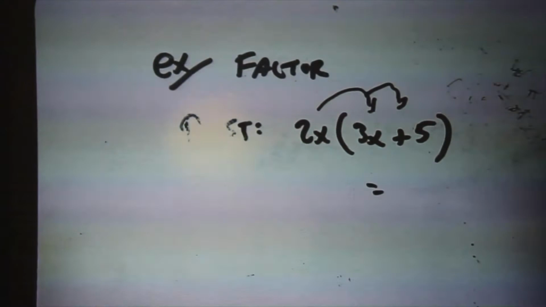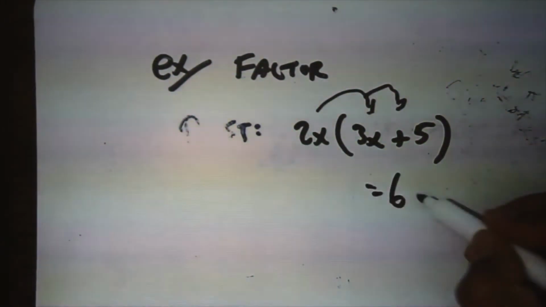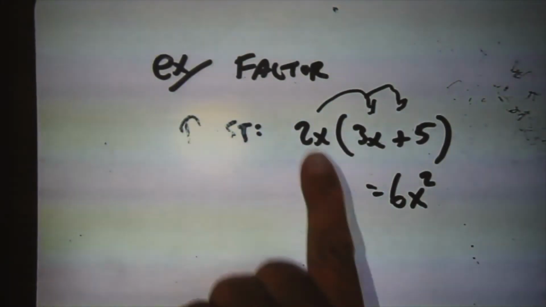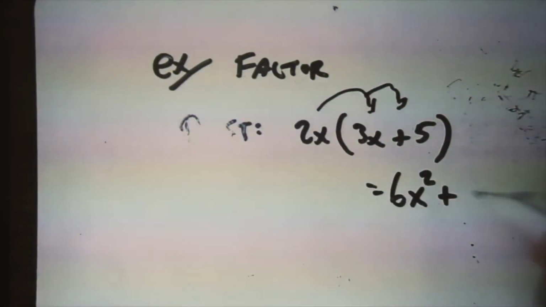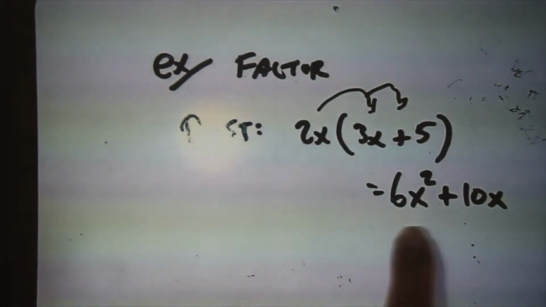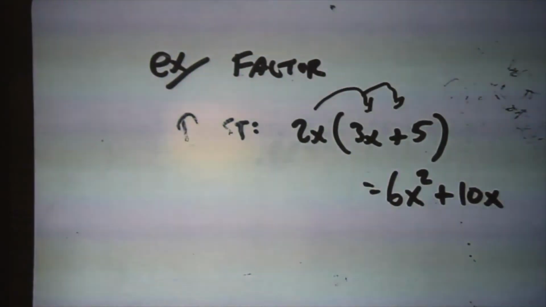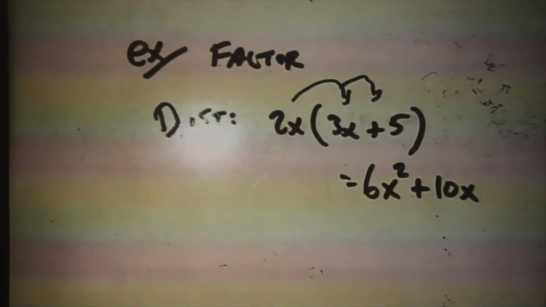That would give us, well, 2x times 3x gives us 6x squared. Plus 2x times 5, that gives us 10x. You can't combine these two terms together because they're not like terms, so we've simplified it as far as we can.